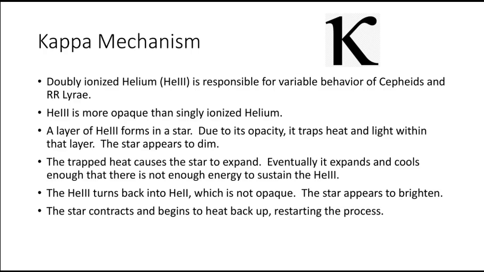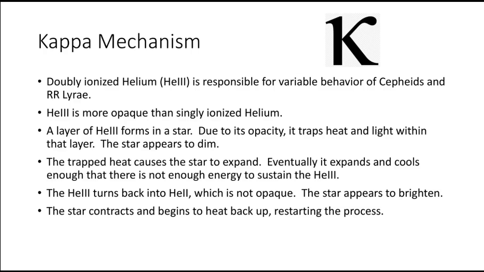So from the outside, it appears that the star gets dimmer because those photons that would normally be escaping are instead being trapped. If you trap a bunch of photons, you're trapping a bunch of energy and heat, and when something heats up, it expands, and so the star will expand, and as something expands, it cools down.